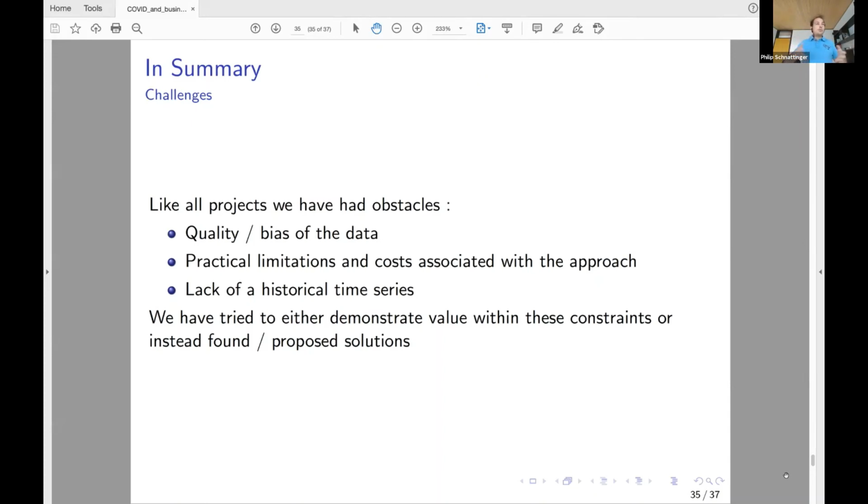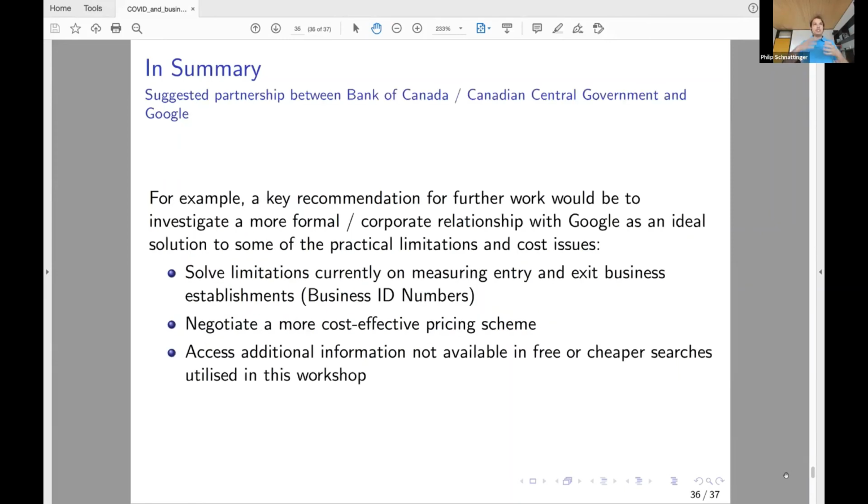But we propose a solution, which is that we would suggest that the Bank of Canada or the Canadian government join into some kind of partnership with Google to allow these queries, to allow this scraping in such a way that it is a cost-effective pricing scheme, which also would, as we have shown, technically be no problem for us to create a data set once this is possible.